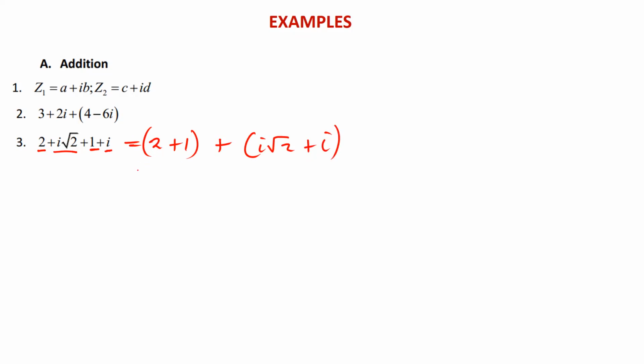When you add 2 and 1, you get 3. Then because we have an irrational number here, which is the root of 2, and this one is just the normal i, adding these two is practically impossible. So we can just factor out the i so that we have the root of 2 plus 1 in brackets, then we put the i outside. So this is the solution.